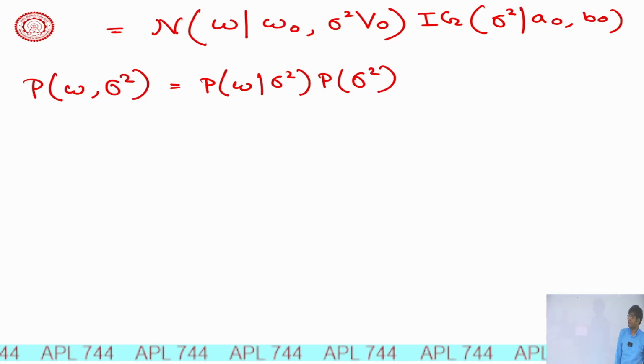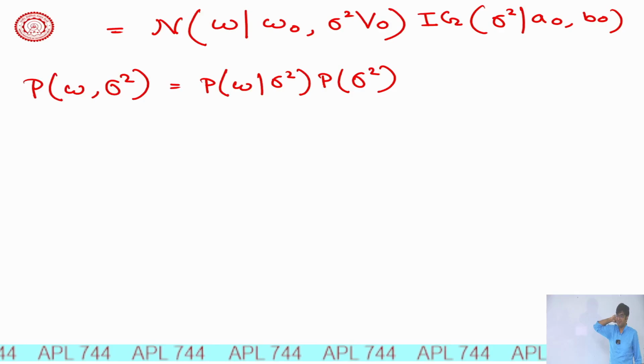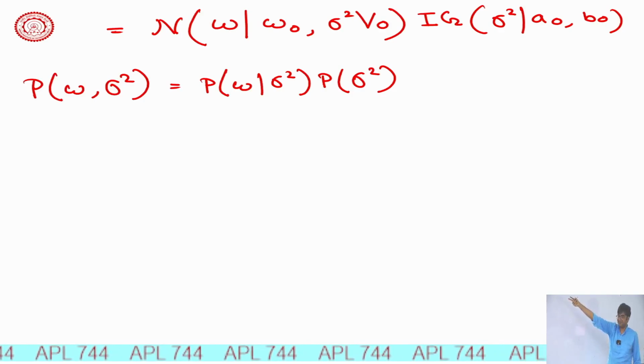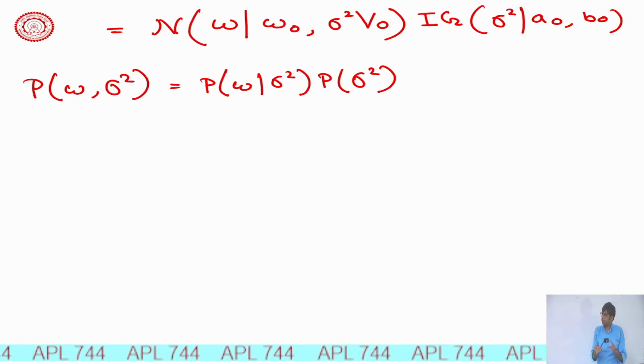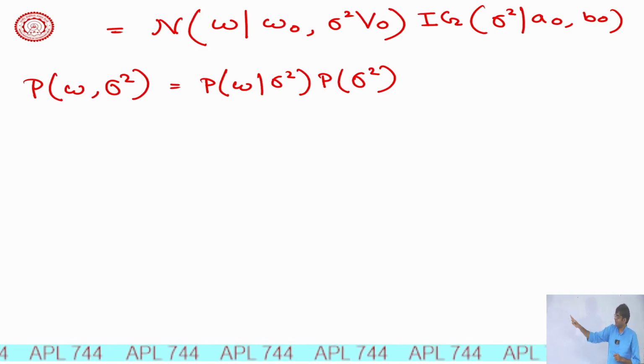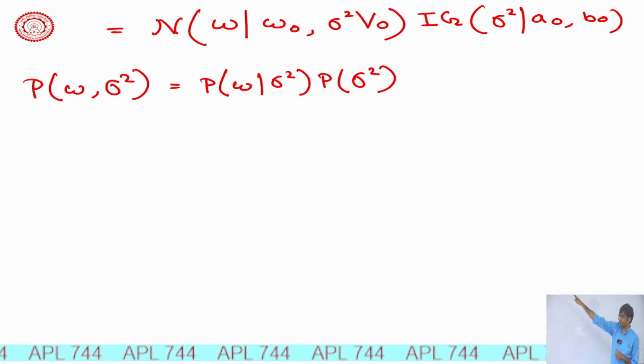Now, previously in the derivation we did, we were working with only W given sigma square because sigma square was known, and for that case the prior was Gaussian. Sigma square is the new thing that is coming, and you can use any prior, but I want to use a conjugate prior because I want to derive it, and for sigma square the conjugate prior is the inverse gamma distribution. So, that I have written.